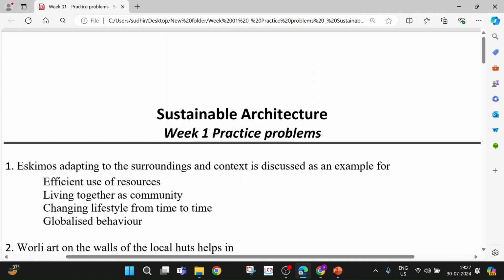Are you able to remember? Yes, sir. The picture was shown, and it was discussed how they are efficiently utilizing each and every part of the animals or resources.